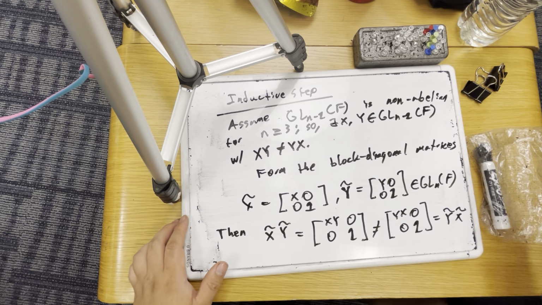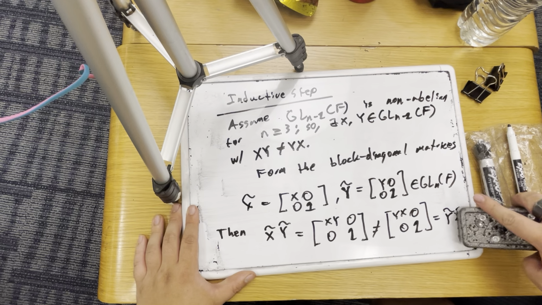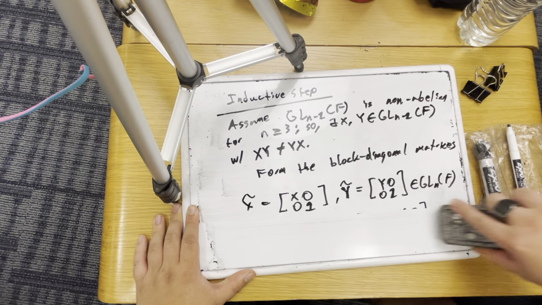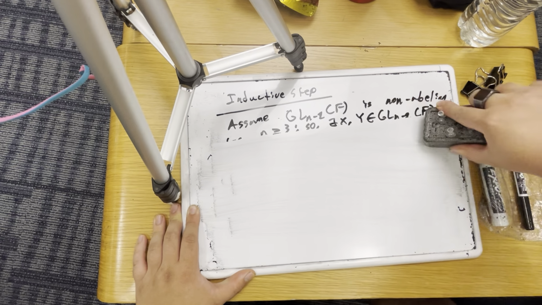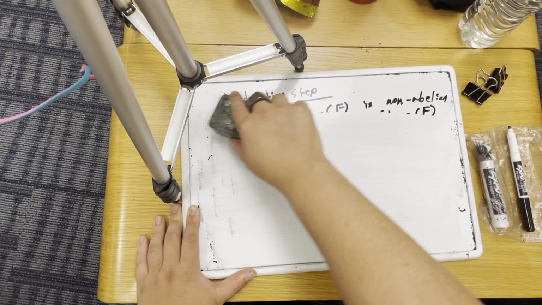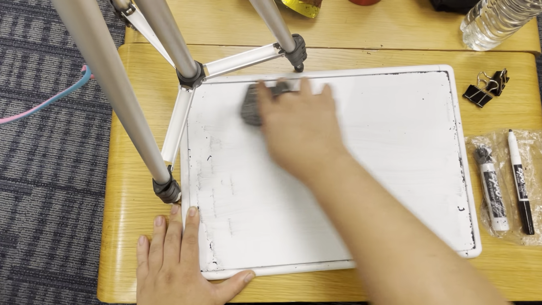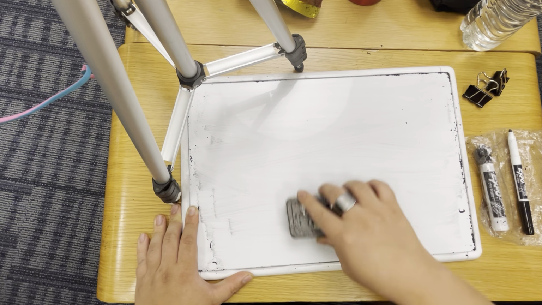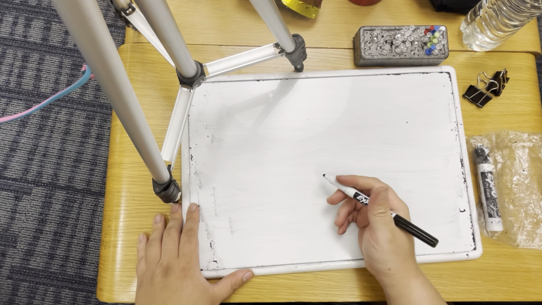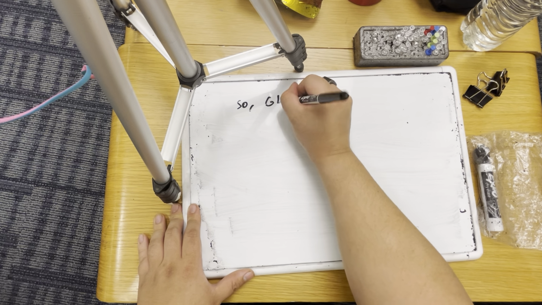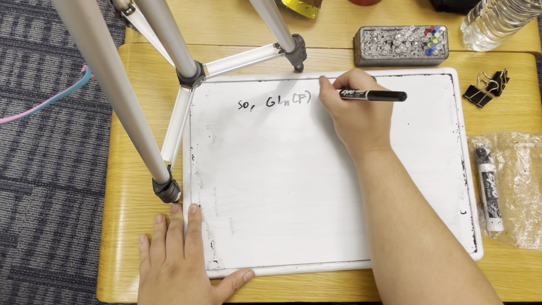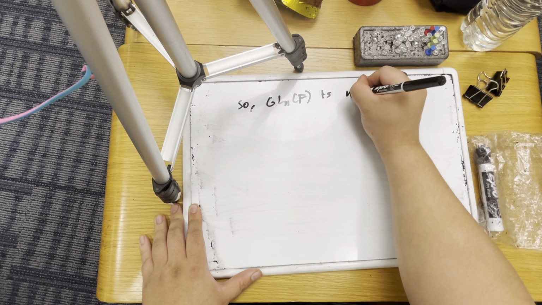So what does this mean? Well, let me get to that after I erase this. So the general linear group with degree n over some field F is non-abelian.